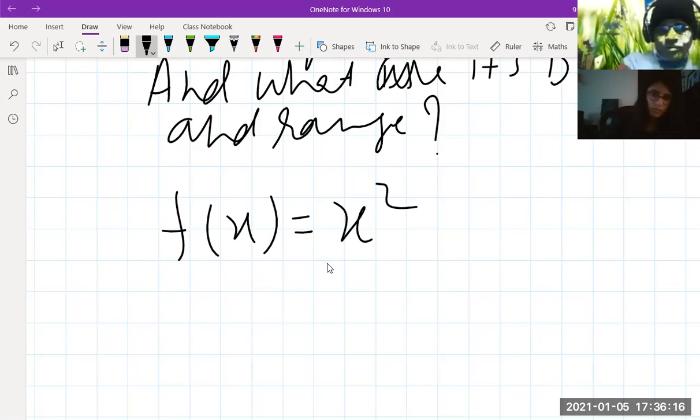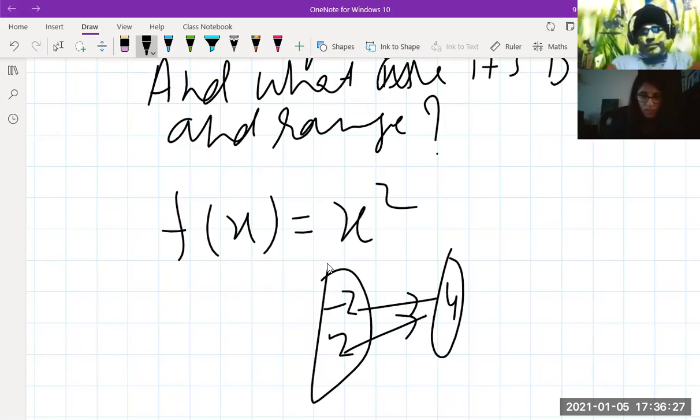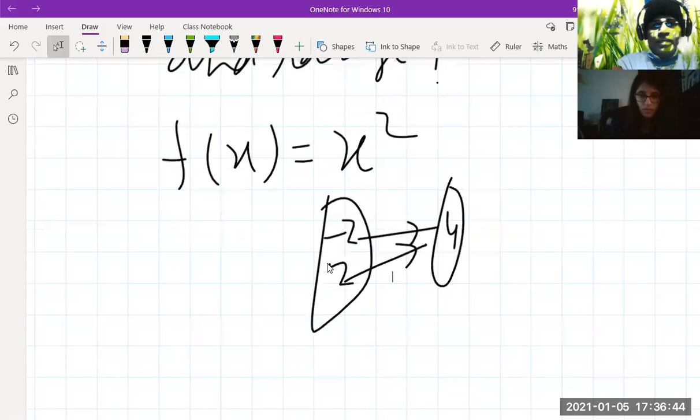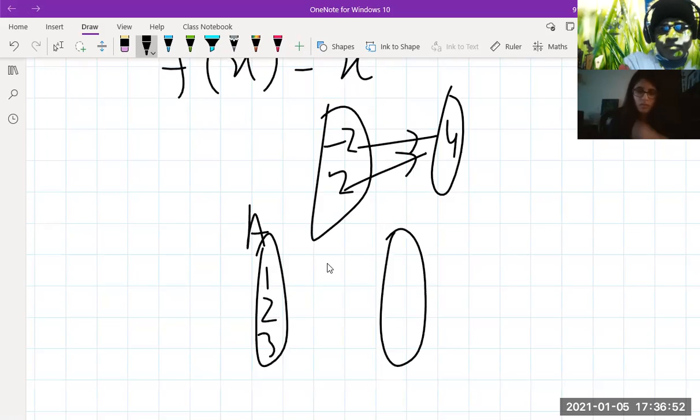If we take minus 2, then we have 4. If we take 2, then we have 4. So minus 2 and 2 can have the same value 4. This is also a function, but it is called a many-one function. Many to one, yes. But suppose we have elements 1, 2, 3 in set A and 4, 5, 6 in set B.